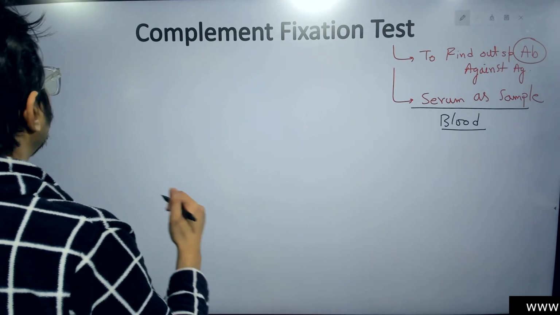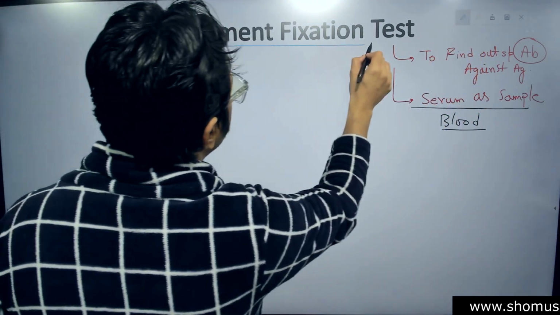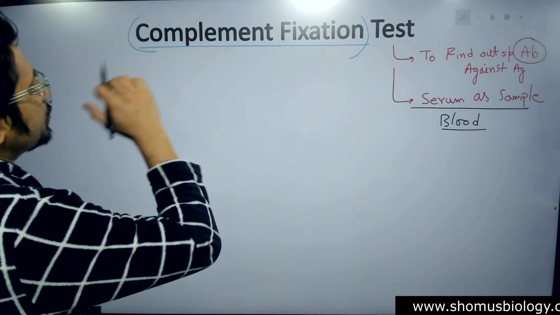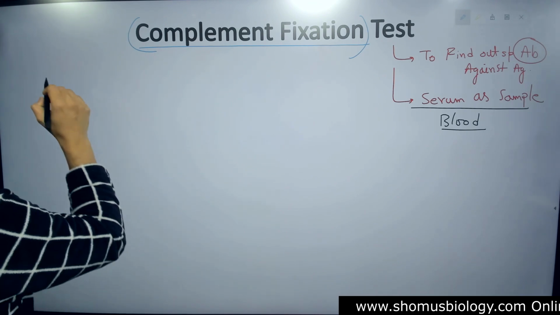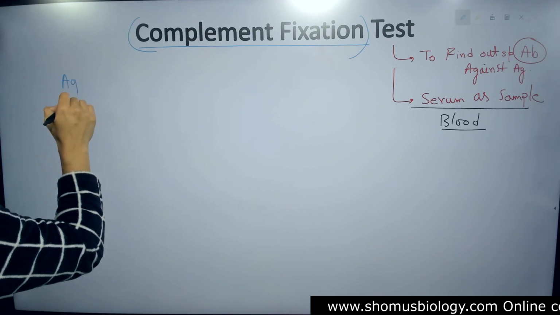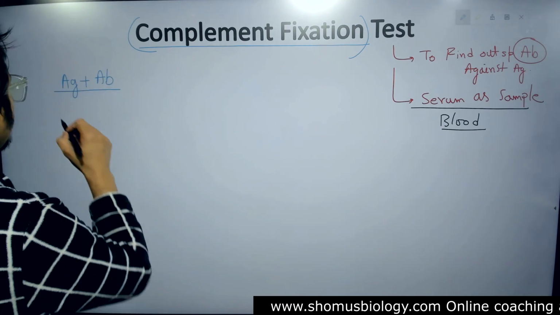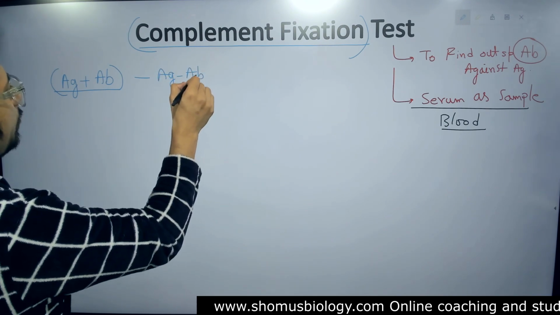Now in the complement fixation test, this term is very important, complement fixation. Complement fixation is a term used to explain when an antigen interacts with an antibody and they form an antigen antibody complex.